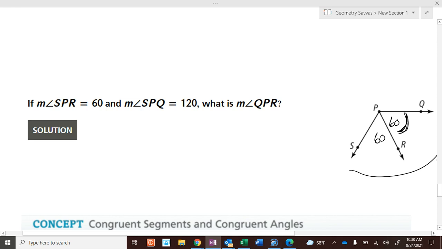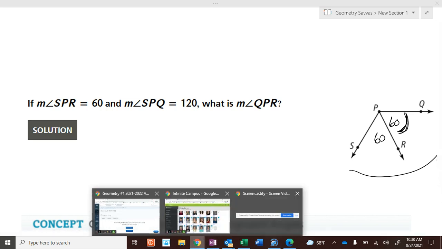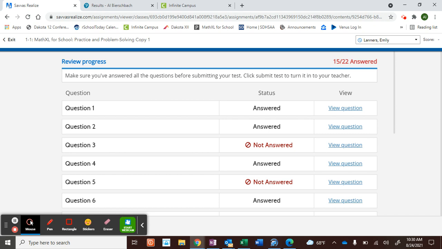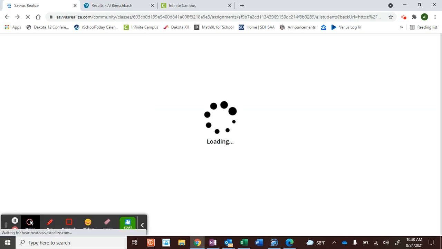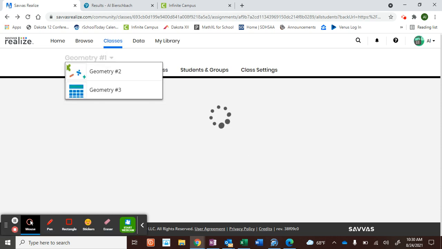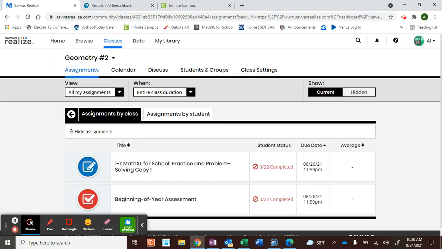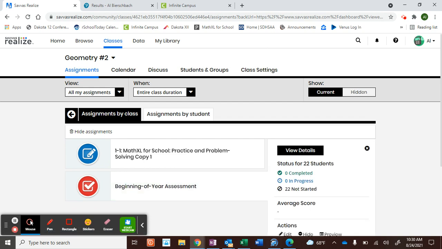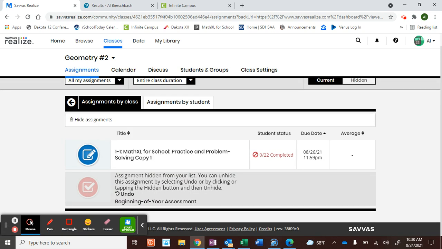Now, let me go to Savvas Realize. Boom. And I think it's there. Savvas Realize. I got to go to your class. Geometry number 2. The beginning of the year assessment, I'm going to hide because you don't need to do that because we did the Smarter Balanced.